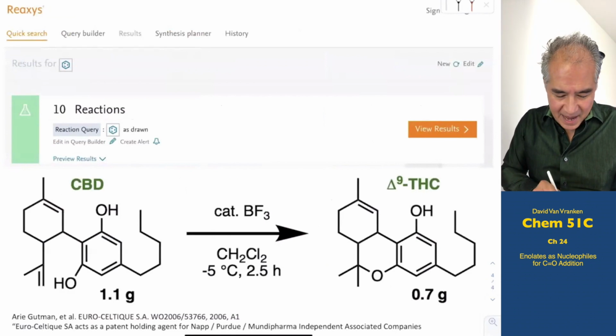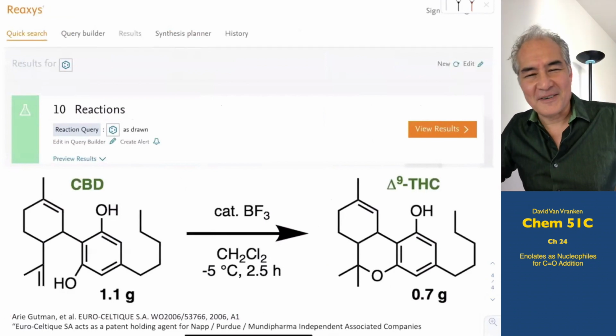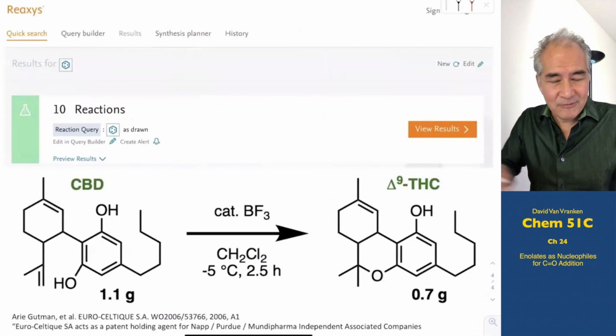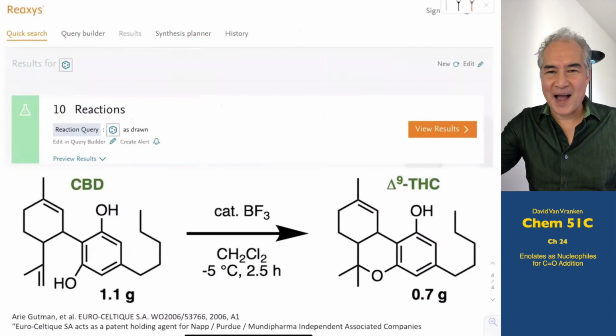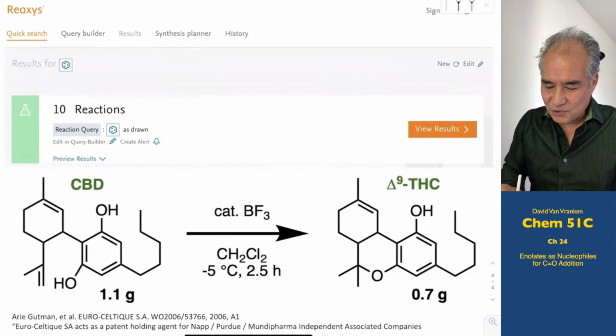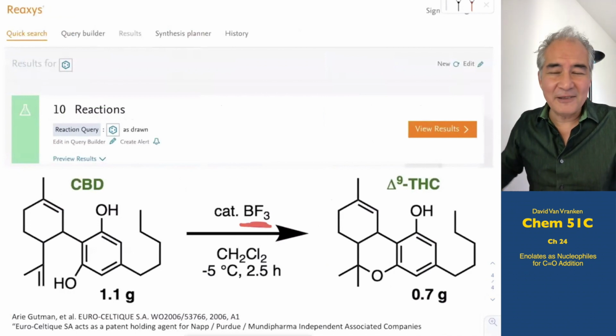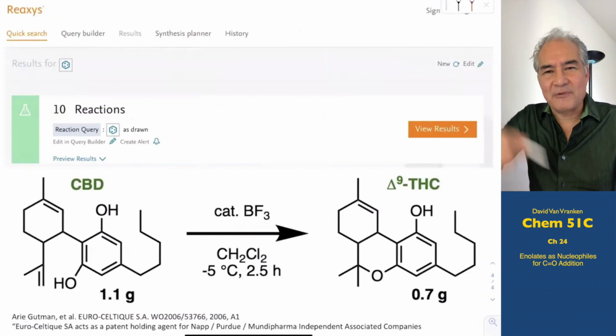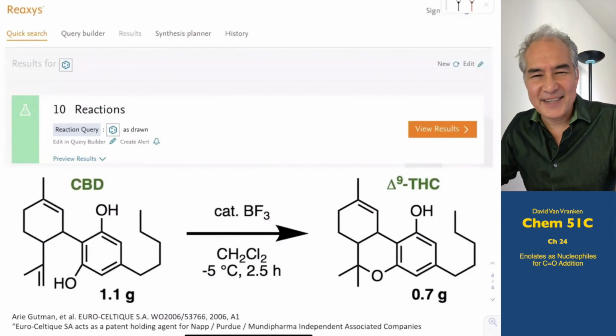Here's one that came from a patent. There seem to be quite a few companies that are patenting this process. And if you take cannabidiol, which you can extract out of hemp plants or go buy at your local CBD store, and you treat it with catalytic boron trifluoride etherate, that coordinates to the oxygen atoms and releases the protons to act as an acid catalyst.